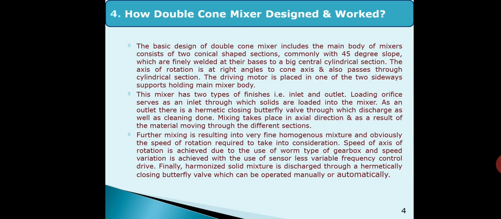It has an inlet and an outlet, and a loading orifice serves as the inlet through which solids are loaded into the mixer. Once the operation is completed, we can discharge our product from the butterfly knob, which is hand operated and can be used for loading and discharging the material.